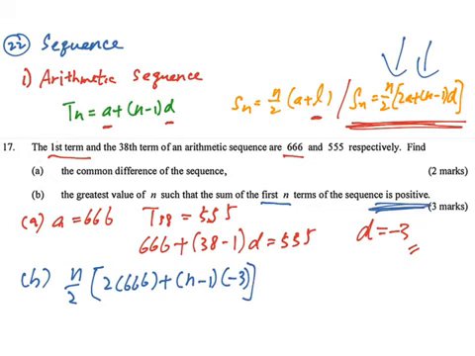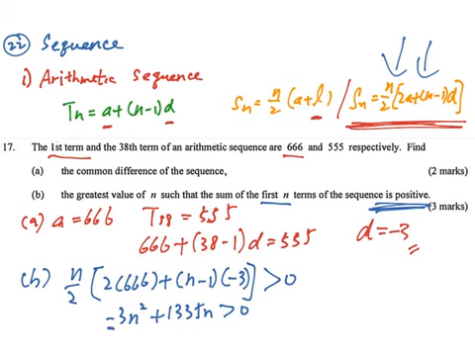Because it is about the positive, that means the sum is greater than 0. Then we simplify, and we can get -3n squared plus 1335n greater than 0.